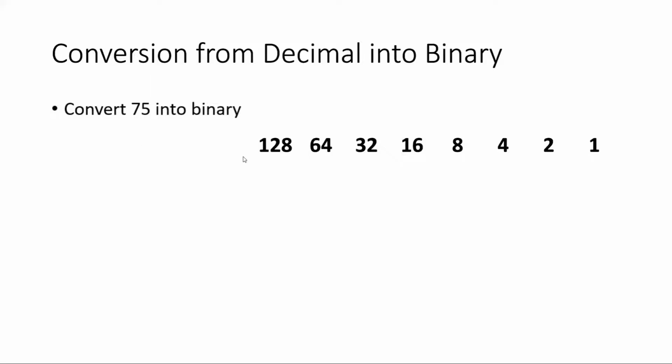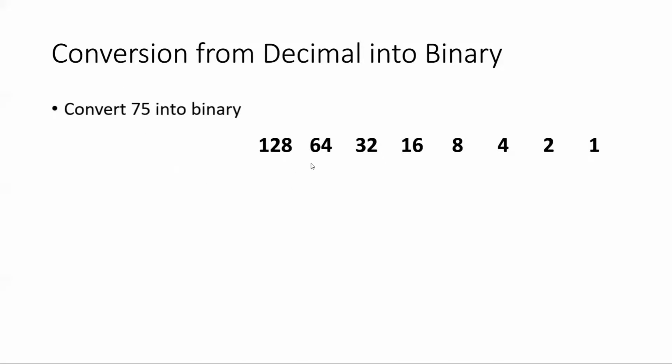So here I'm going to teach you a method called the subtraction method, which works in the following way. For the number we want to convert to binary, we first find the highest number in our list of base 2 numbers which is just under this number. So here we have 75.